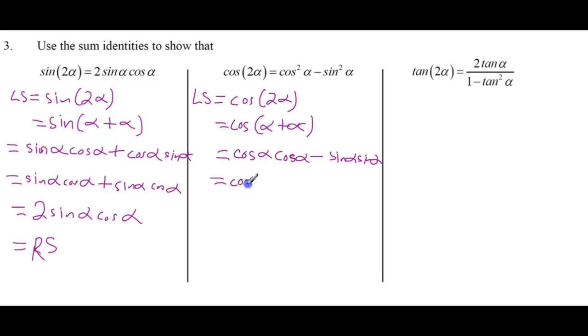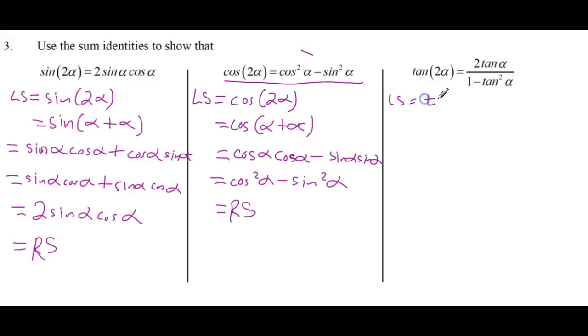And that's equal to cos squared alpha minus sine squared alpha, which is equal to the right-hand side. So that's a proof using the sum identity of this, which is a double angle identity. Double the angle. And now the tangent.